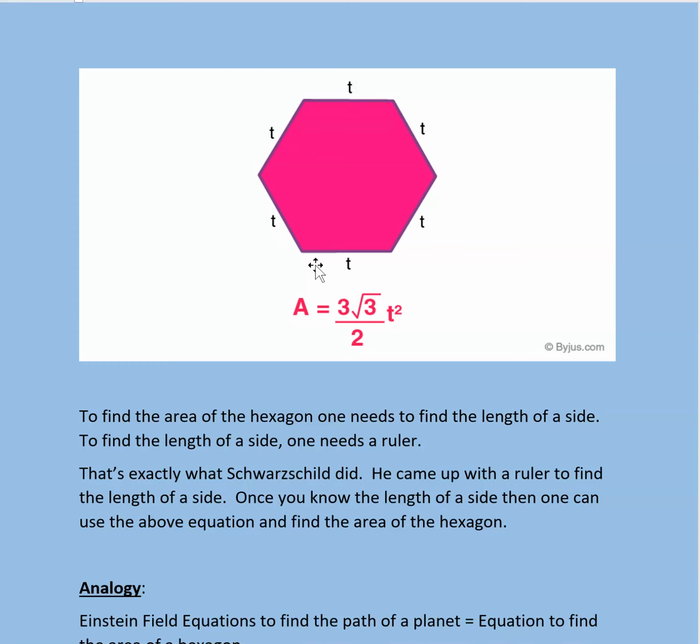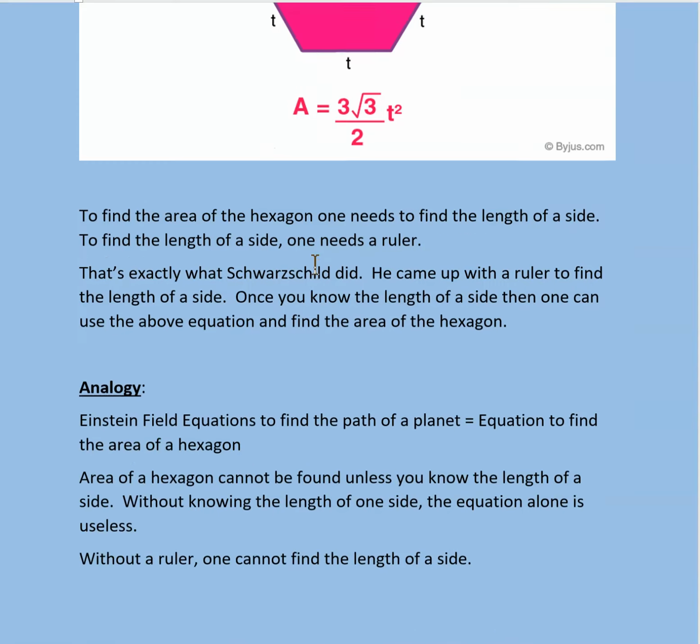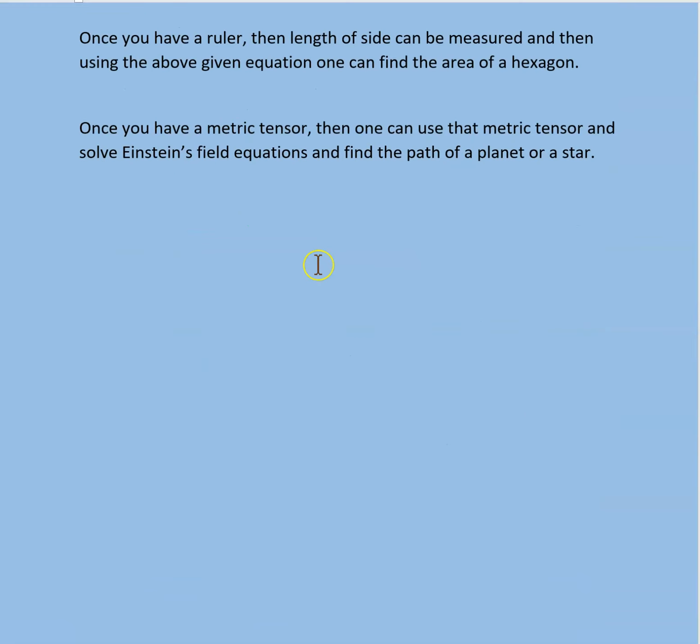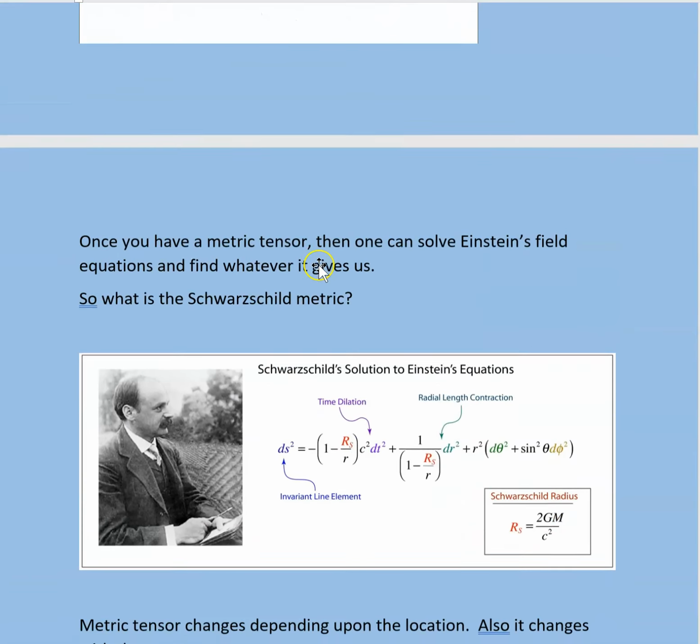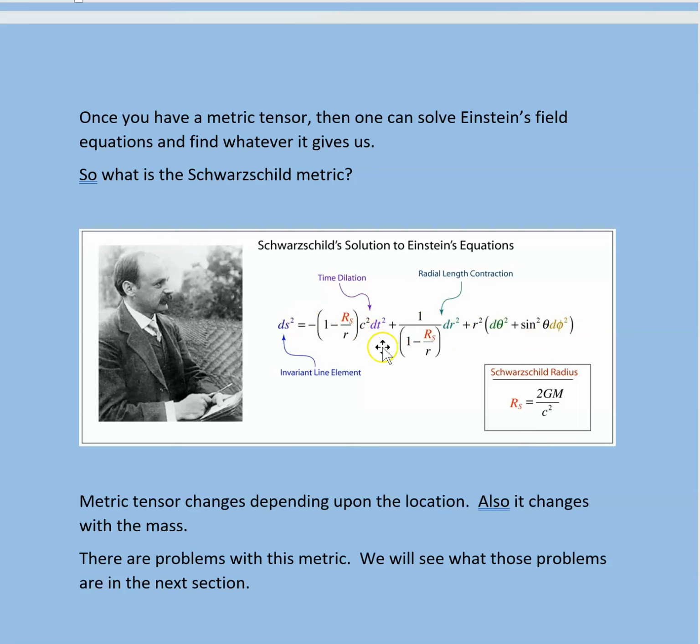I'm using an analogy, but that's exactly what happened here. This is ds squared, and all this is the Schwarzschild metric, but the metric has a mass term. So if you change the mass, the ruler changes, and the Schwarzschild metric changes.